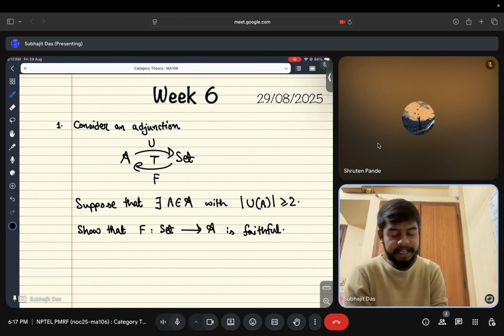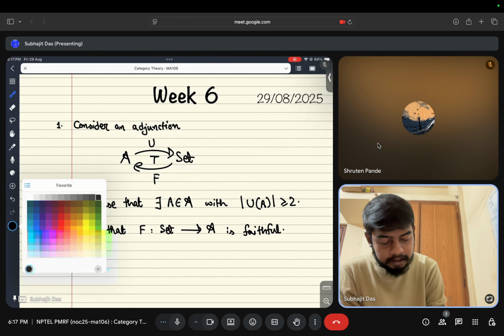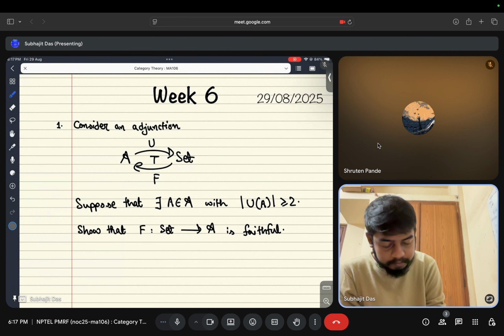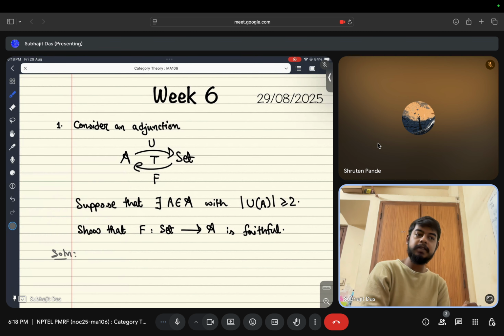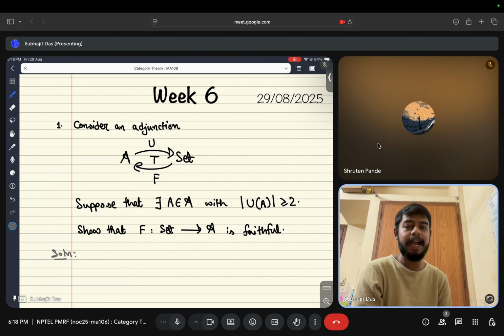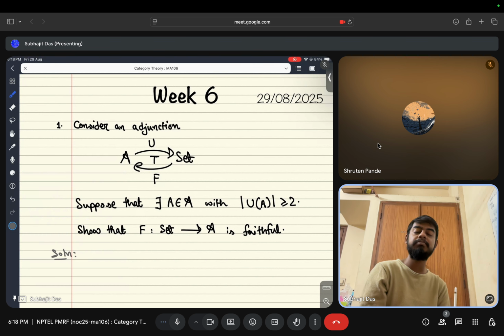Okay, I'll give you a hint to start with. In this particular week, you also learned something, to characterize faithfulness and in fact full faithfulness of adjoint functors using the unit or the counit of an adjunction. That was covered this week.